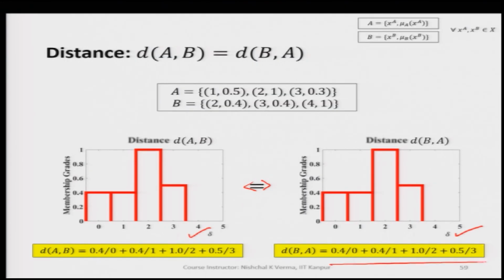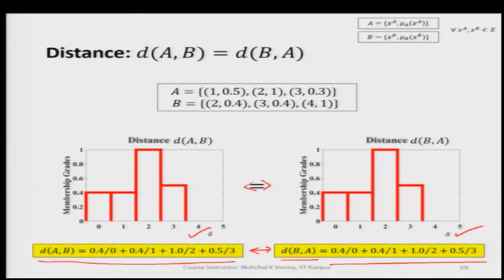Even the values also show that d A comma B is the same as d B comma A. So, this way we have verified that d of A comma B is equal to d of B comma A. This means that the distance between fuzzy sets A and B is exactly the same as the distance between fuzzy sets B and A.